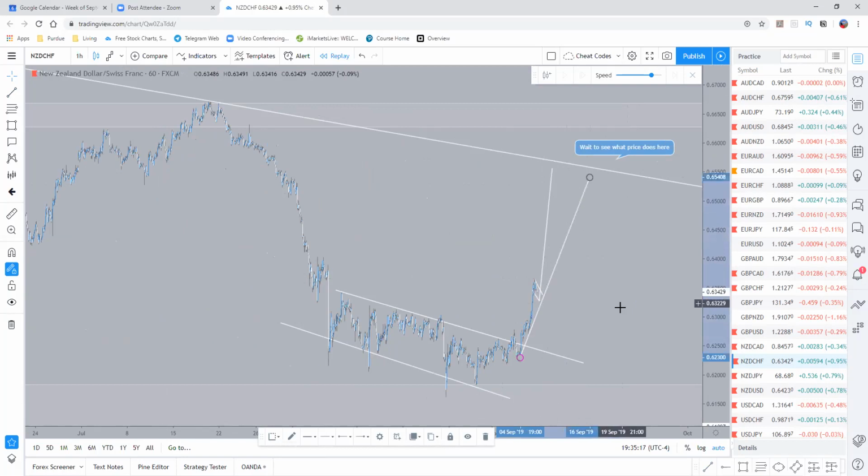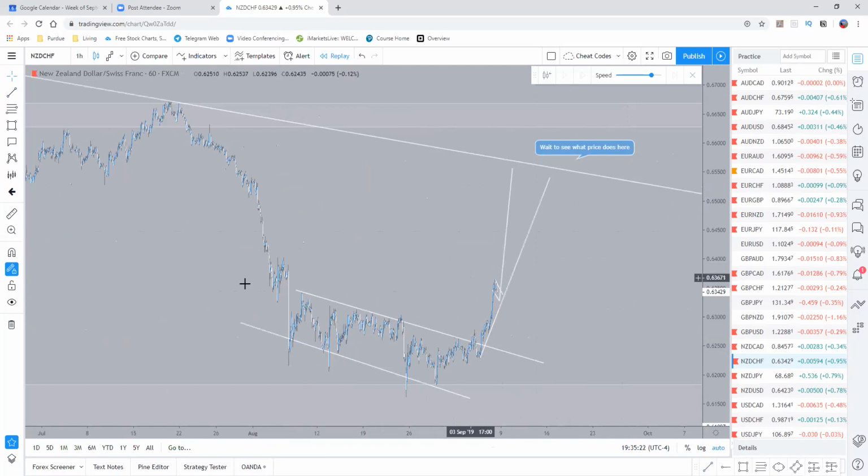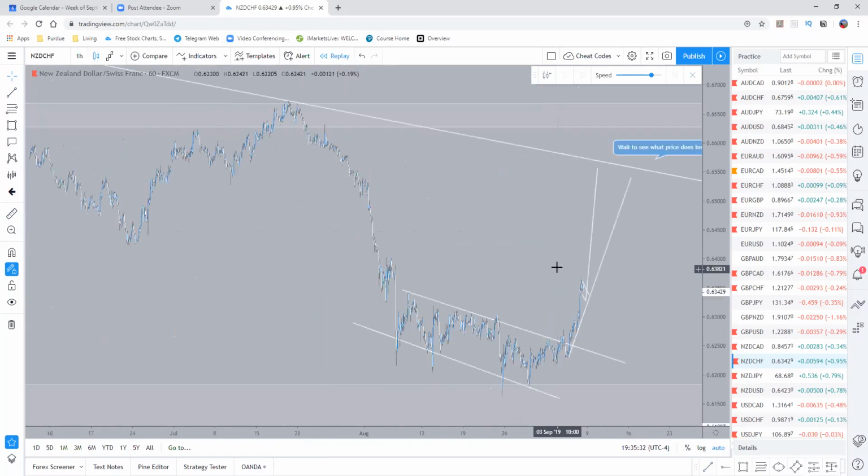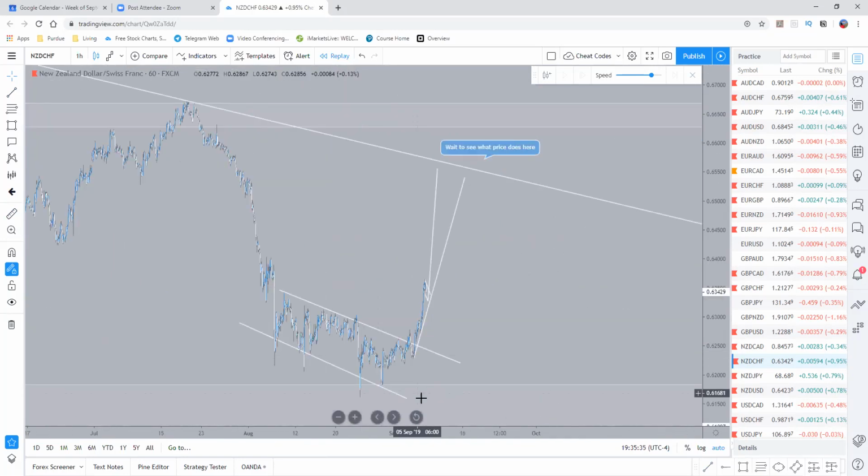Ideally, right? It's obviously not going to be that perfect, but I want that move to go all the way to the trend line. And that move is because we were at the demand zone, and so we want it to go up, right? Yes, we just left our demand zone.